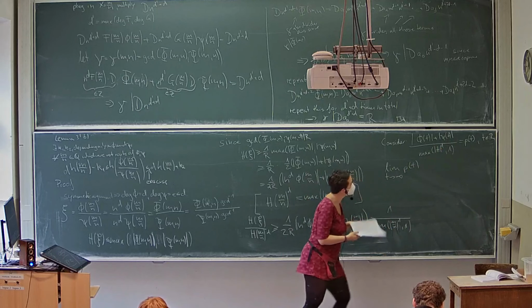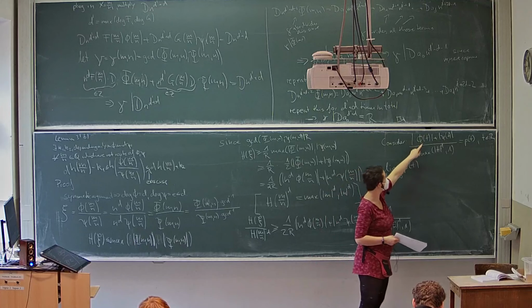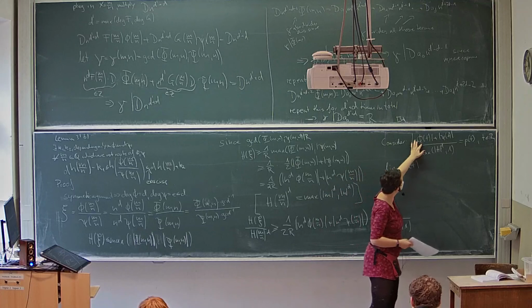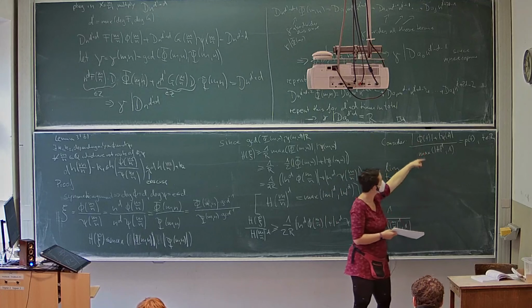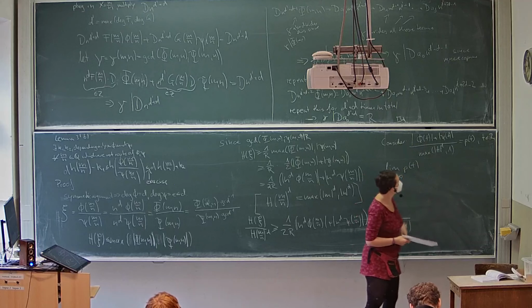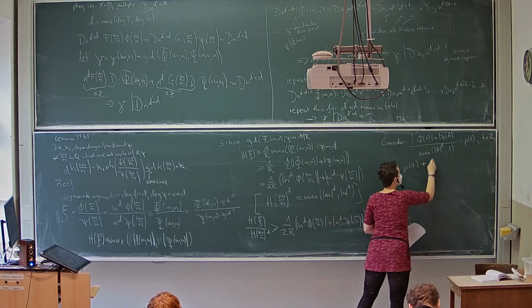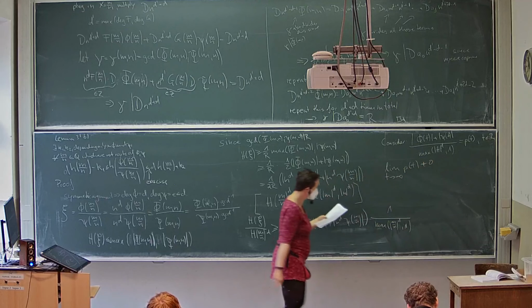If we let t go to infinity, this is not 0 because at least phi has degree d. So it has a coefficient in front of the t to the d, which is not 0. This is important.